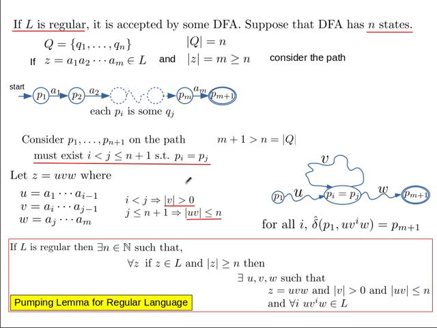That means there should exist some i and j such that Pi is Pj. Now, it's not just that there is a repetition. If you consider just the first n symbols, A1 up to An, then how many states do you have? n plus 1 states.